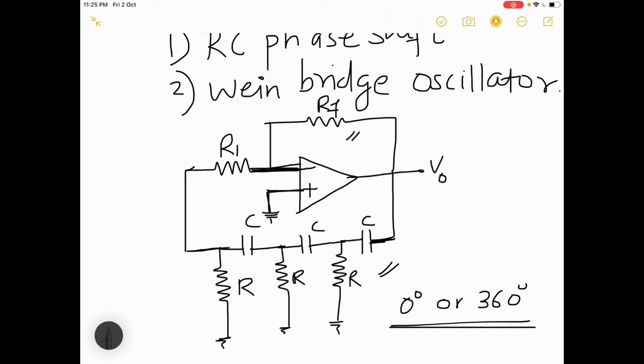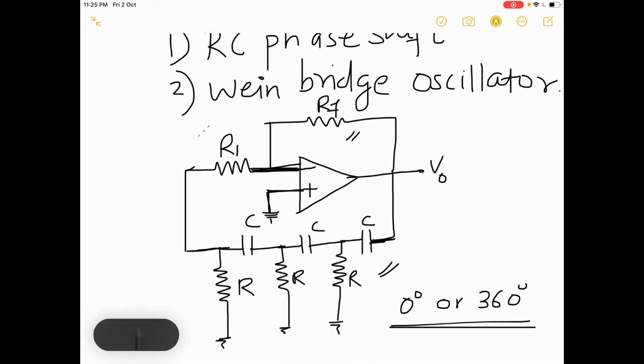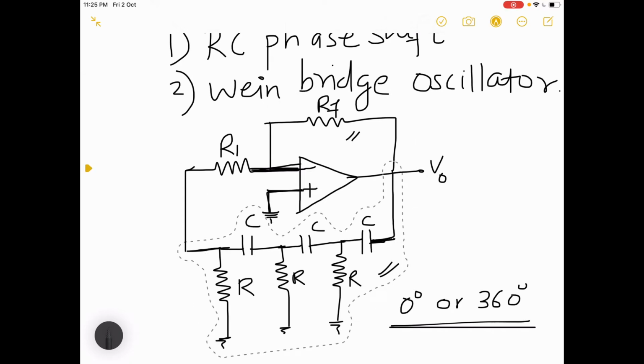So, the op-amp output is 180 degree phase shifted. The op-amp output means this part gives you 180 degree phase shift, and another 180 degree phase shift is given by these RC combinations. So, the total phase shift will be 360 degree. So, this circuit satisfies the Barkhausen criterion, and we can go for oscillations by using this circuit.